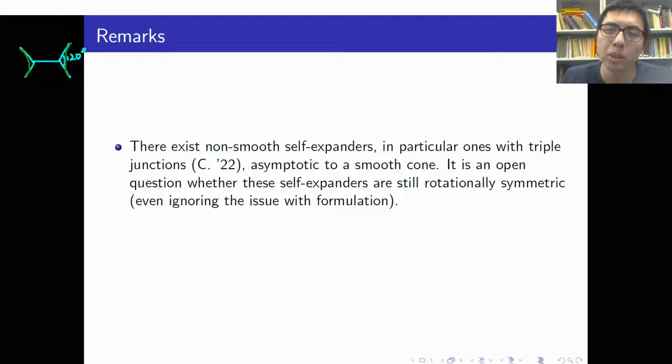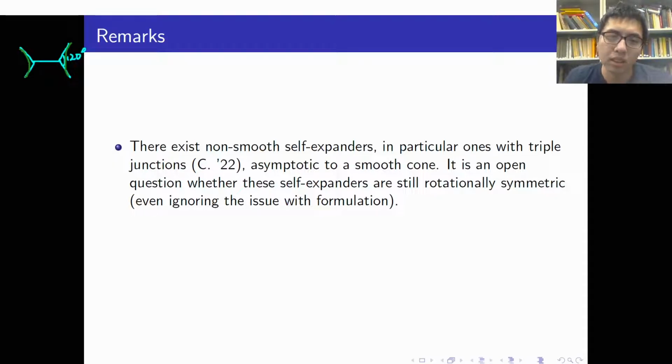Triple junction is not necessarily the only singularity that can happen for a singular self-expander. There could be other types of singularities with crazy high entropy even. So it's hard to formulate what class of self-expanders you're looking at.